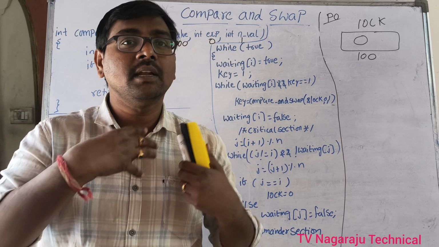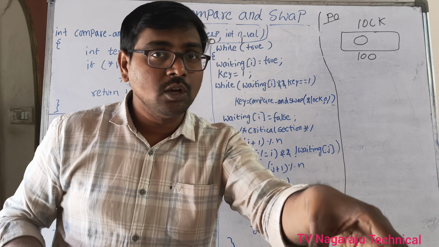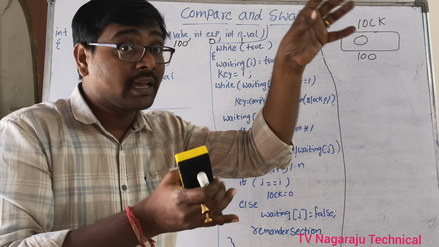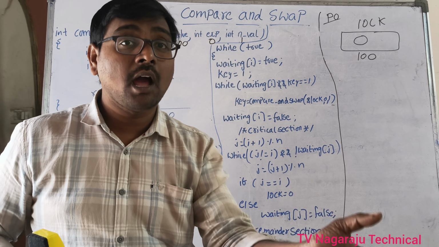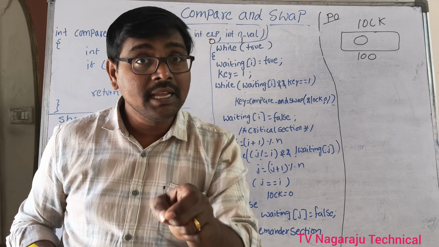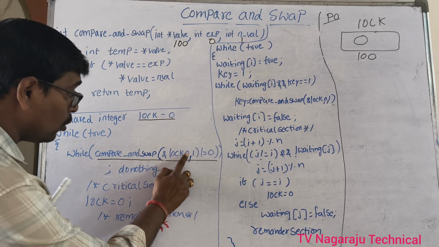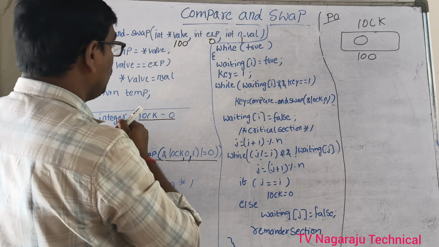Always I expect that the critical section is free, so lock is equal to 0. And whenever the critical section is busy, we need to update the lock with 1. If the lock is equal to 1, it means the critical section is used by some other process. Got it? That is the reason expected is 0 and new value is 1.